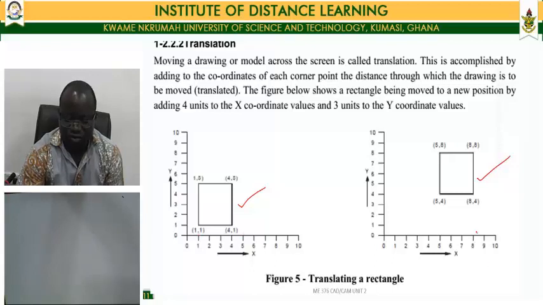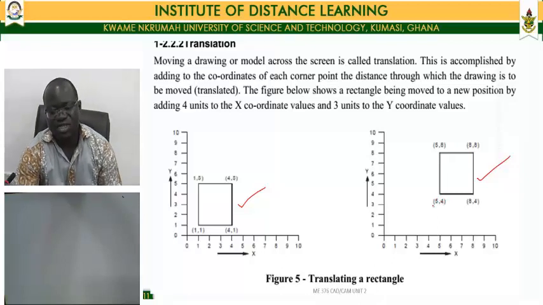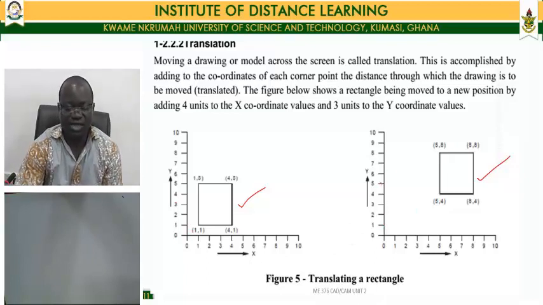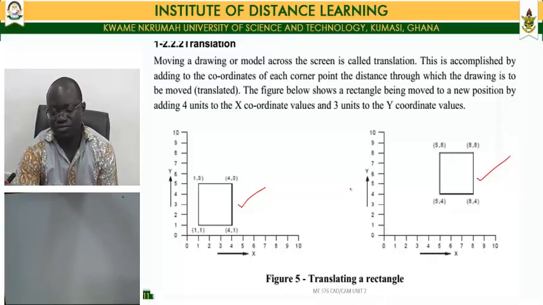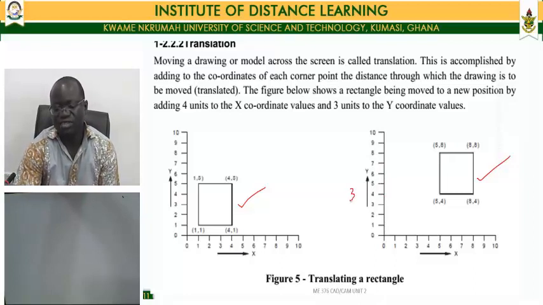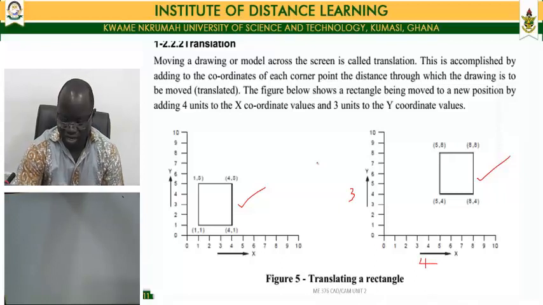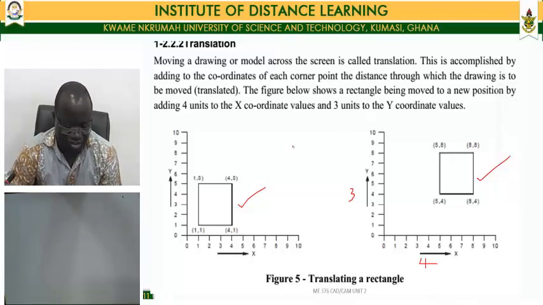So it has to transform from 1 to 4, and that is moving 3 units. So it means that we have moved the drawing by adding 4 units to the coordinate values of x and 3 units to the coordinate values of y. That is basically the translation that happens.